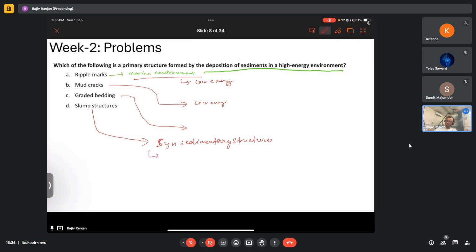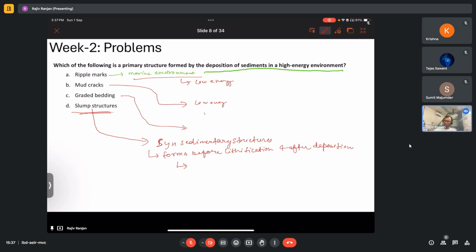It forms before lithification and after deposition. Due to some disturbance, some shaky movement, before lithification, the structures formed are called, by a larger term, penecontemporaneous structures. One of them is slump structures.